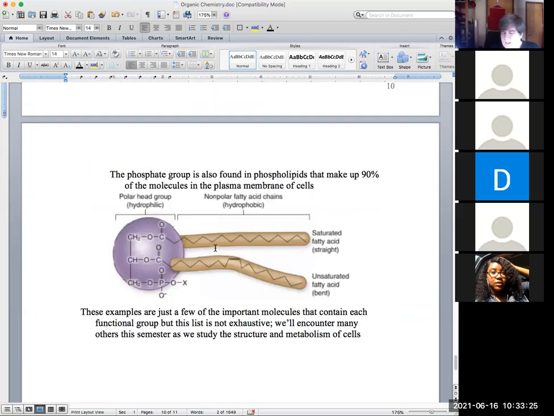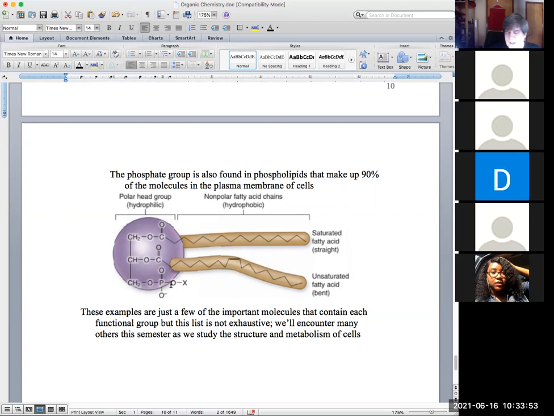So this fatty acid tail, notice it's showing that zigzag up and down pattern of the carbon atoms. So we have 2 of those. They can be either saturated fatty acids or unsaturated. And the saturated fatty acids have a straighter shape. The unsaturated fatty acids tend to be bent. We'll talk about that tomorrow or Monday.